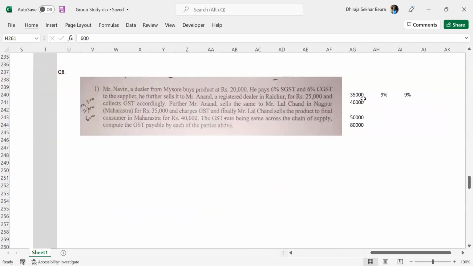If no confusion, can you please quickly do this question? Same exact question, I've just modified the values. So now Mr. Naveen is purchasing at 35,000. The rates are 9% and 9%. Naveen is selling to Mr. Anand for 40,000. Mr. Anand is selling to Mr. Lalchand at 50,000. Mr. Lalchand is selling to customer at 80,000. Everything else remains same, just the values are modified. Can you quickly do this and tell me the final liabilities that we have for Mr. Naveen, Mr. Anand, and Mr. Lalchand, and the nature of the liability also, whether it is IGST, CGST, SGST, or a combination of those.